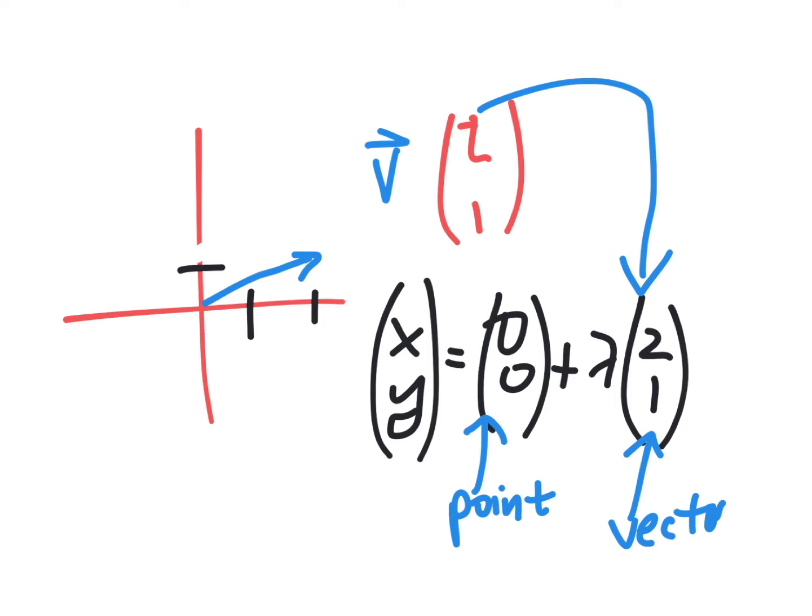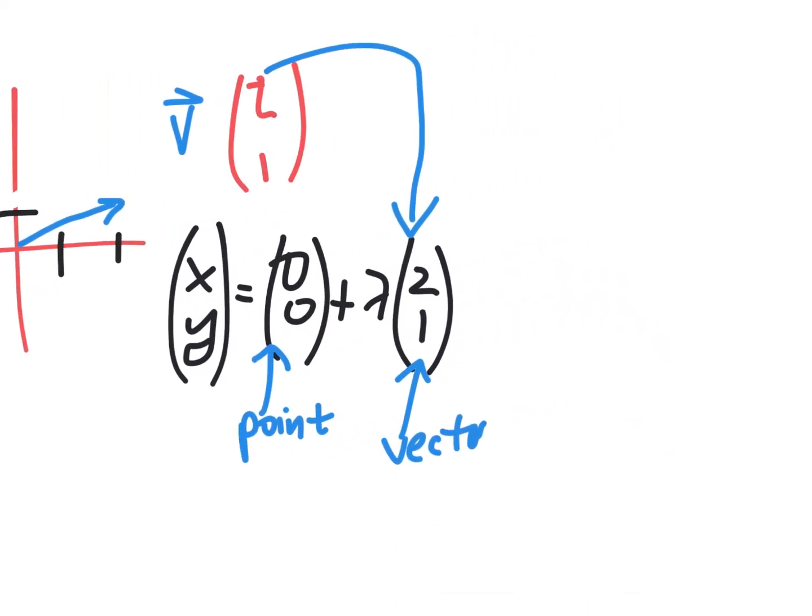Okay. What if I came up with a different vector and I called it vector R? What would need to be the same if it was going to be parallel to this vector? What part needs to be the same? So the vector 2, 1 needs to be the same.